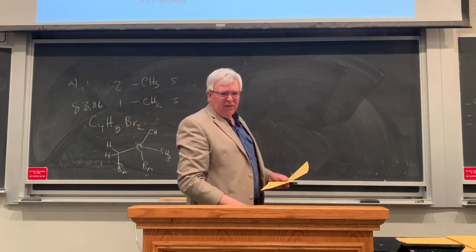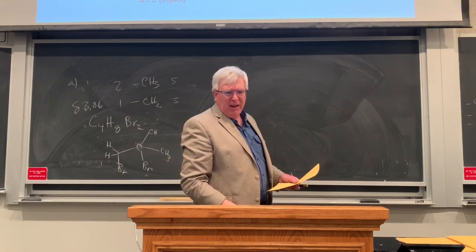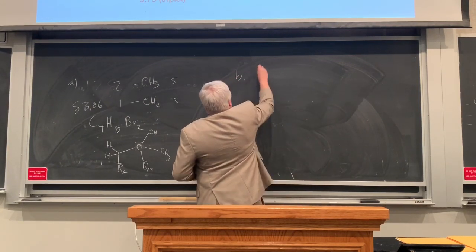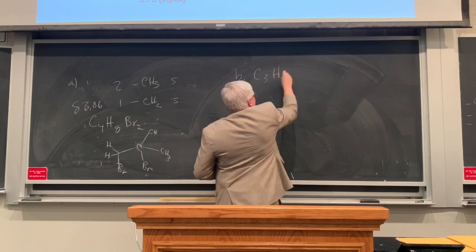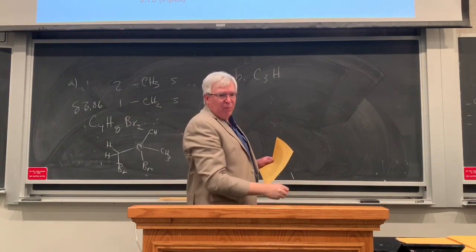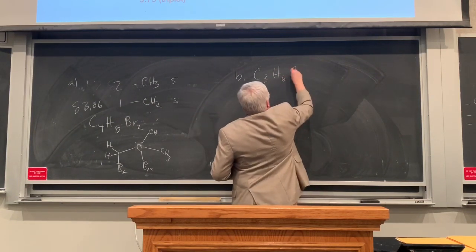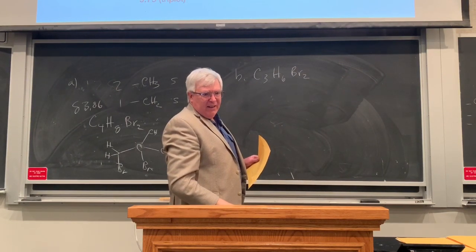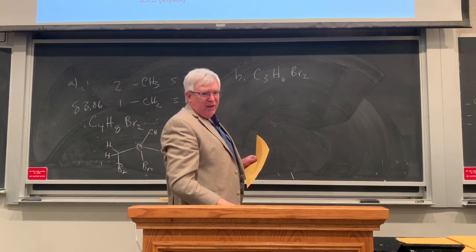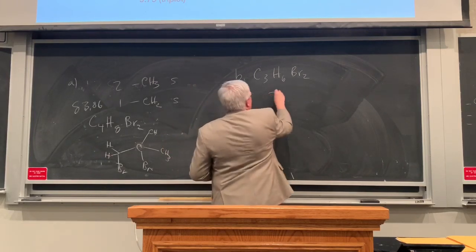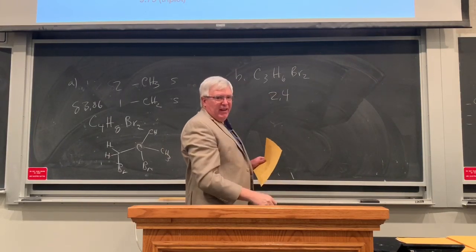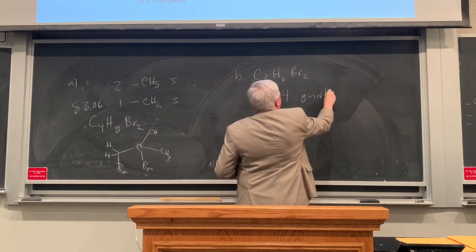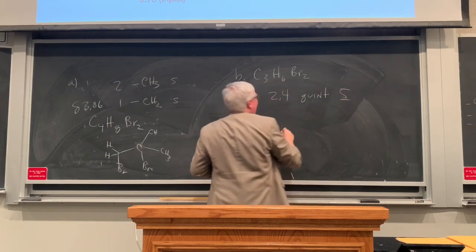B is an interesting one also, I think. B has C3H6Br2. And the data is a triplet and a quartet. Sorry, 2.4 for the quintet, so it's a 5-line pattern.